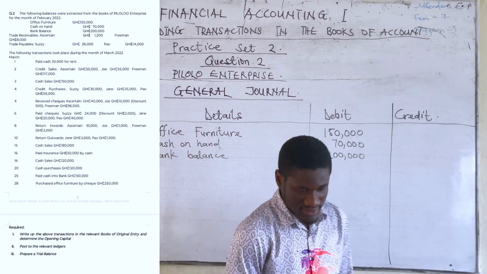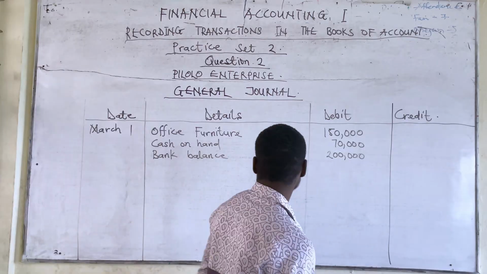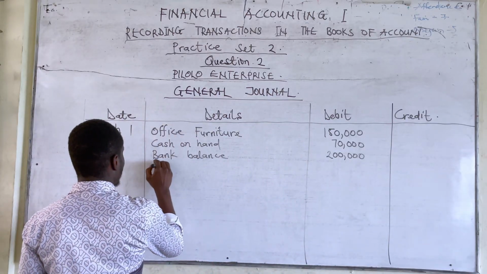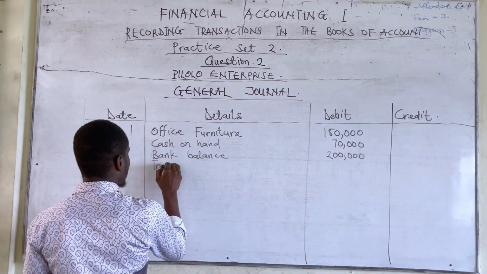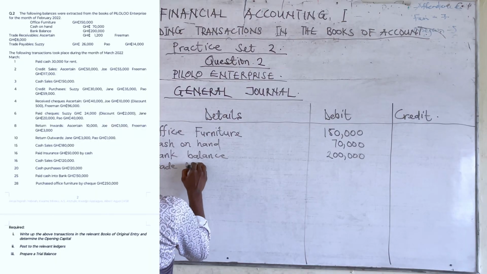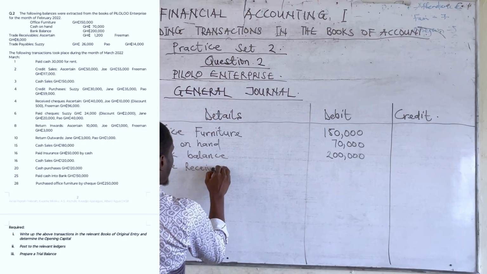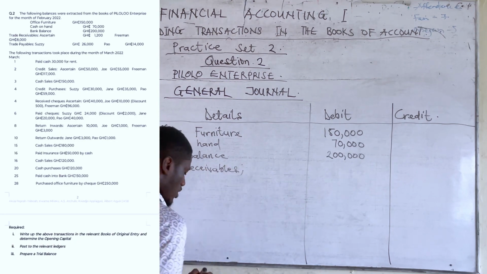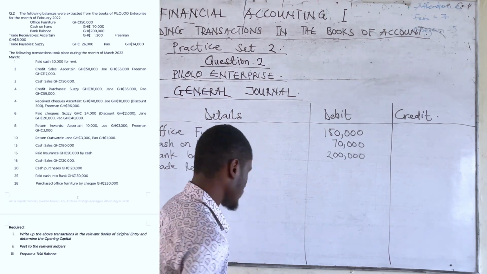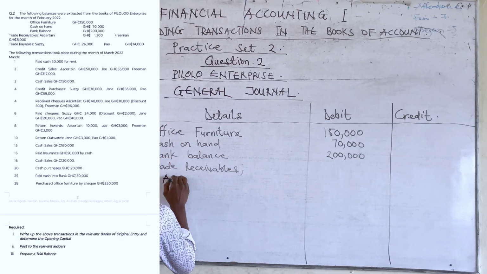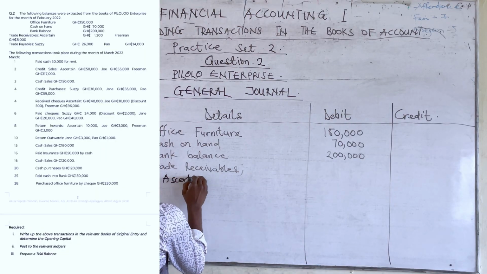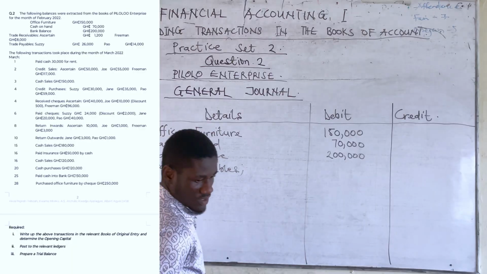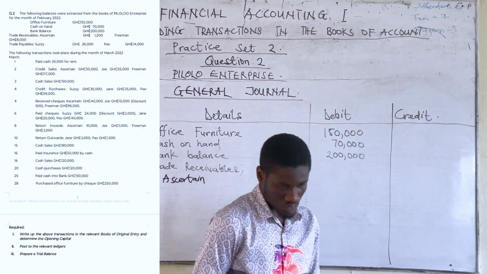Any other assets? They've given us our trade receivables. Okay? And we are going to list our trade receivables. We have Ascertain, we have Freeman.